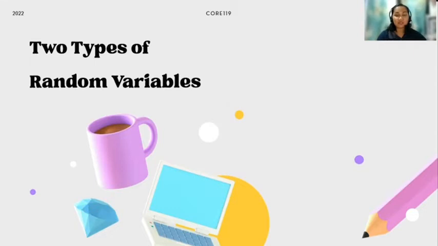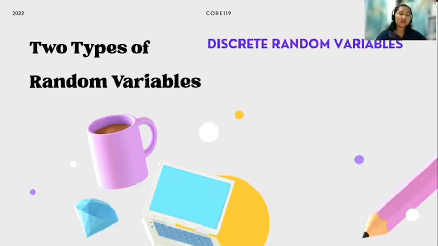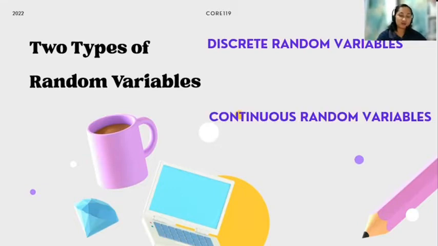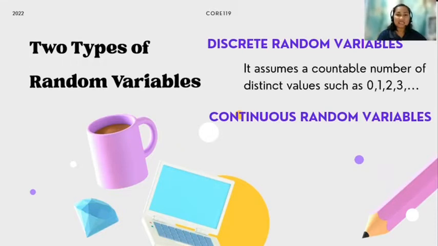Again, we have two types of random variables as presented a while ago: discrete and continuous random variables. Let's define each. From the term itself, discrete random variables assume a countable number of distinct values such as 0, 1, 2, and 3.